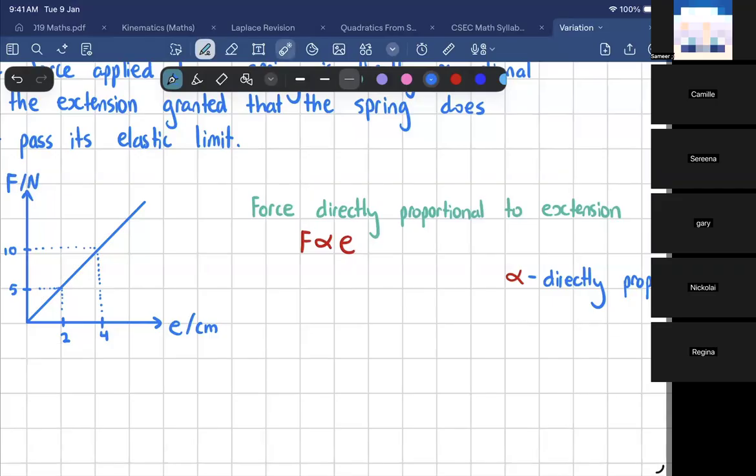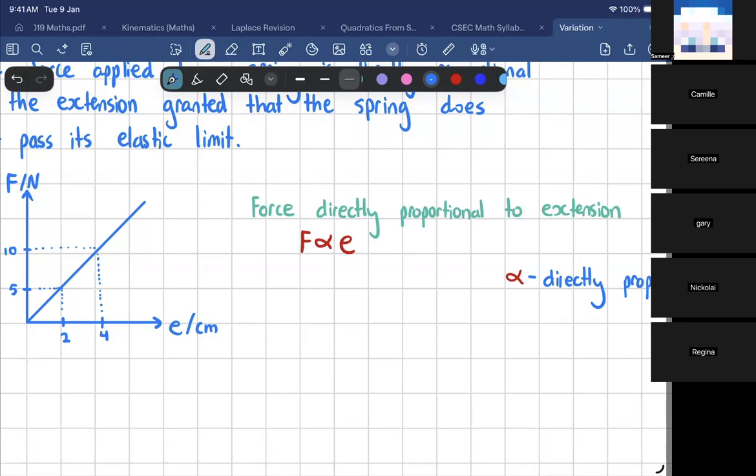Sienna, so we figured that force is directly proportional to extension, but do we know by how much? Do we know exactly how they're related? Is it the same amount of force you exert on the spring would be the same amount the extension would be?